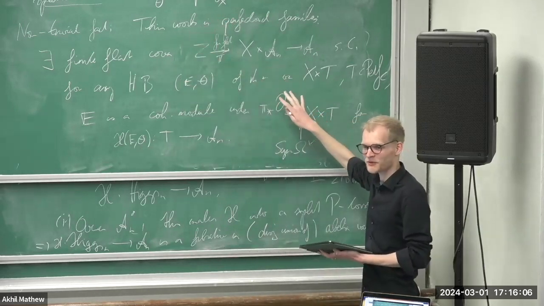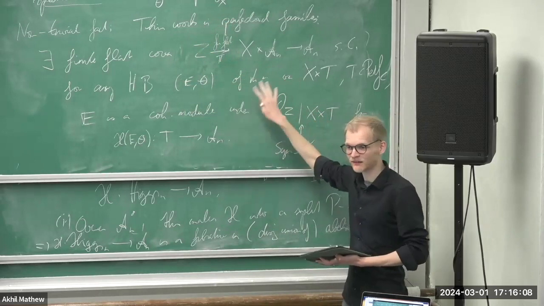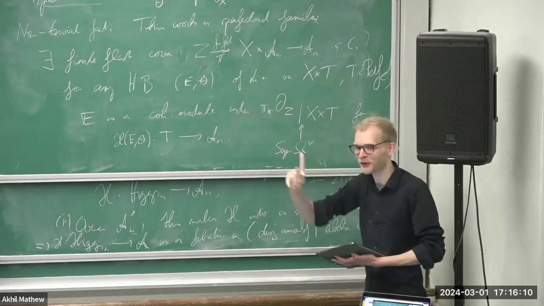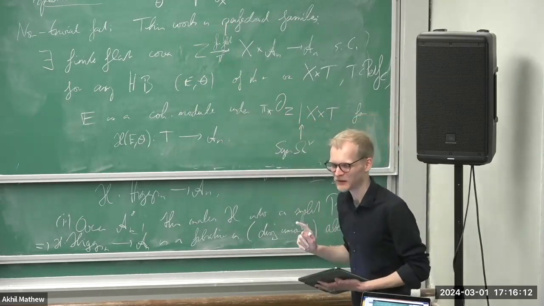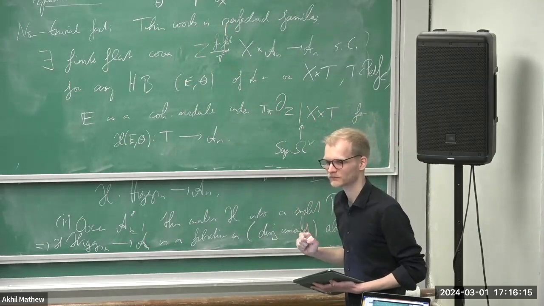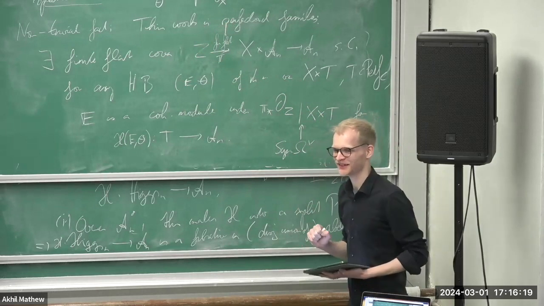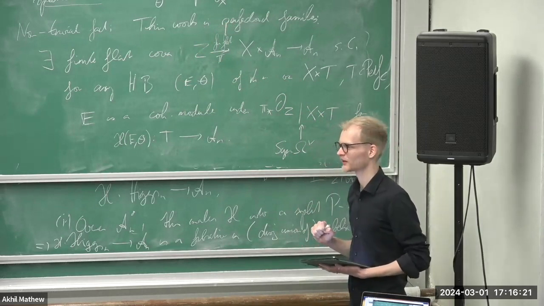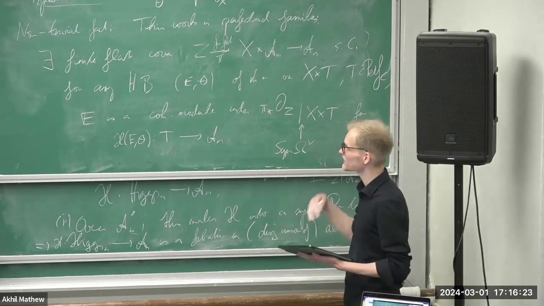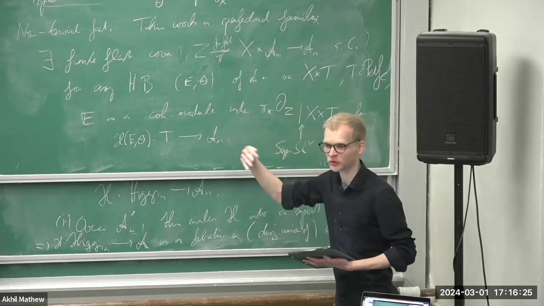So that was my strategy when I started looking at these things two years ago, and it doesn't work. So the hope was that at least over the regular locus like this, and it turned out that this is not right, but it's still useful as a strategy to keep in mind.